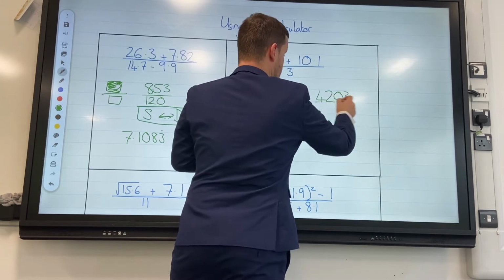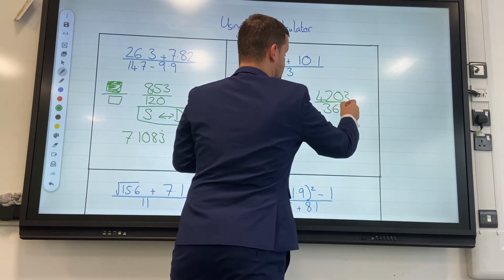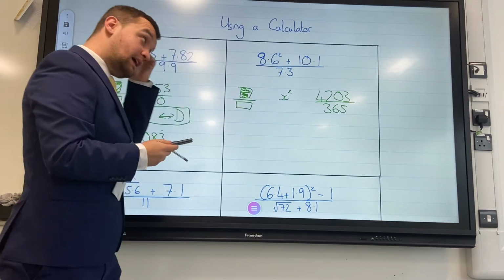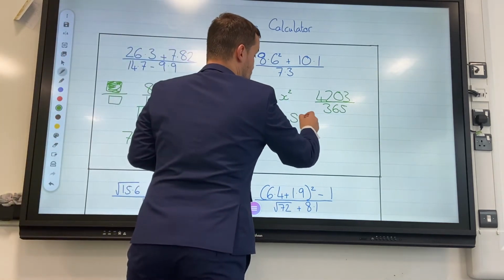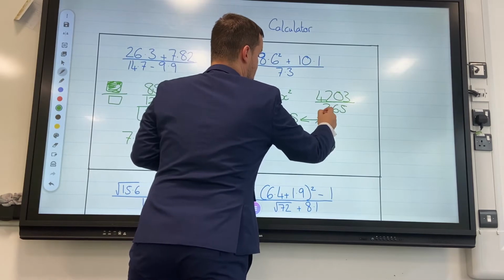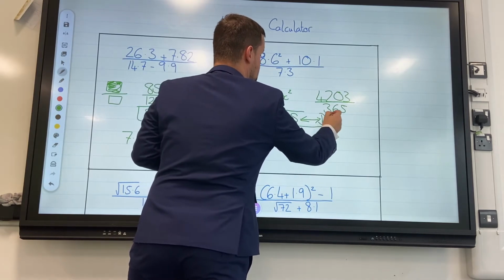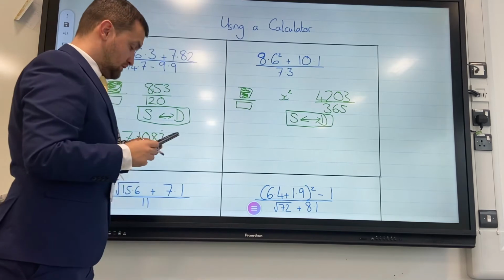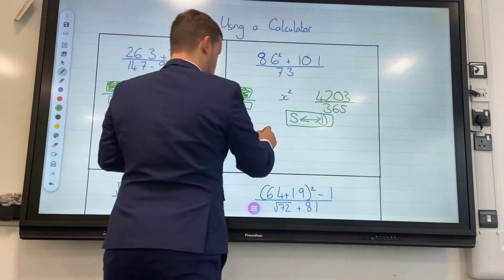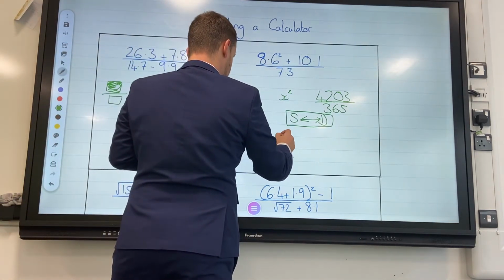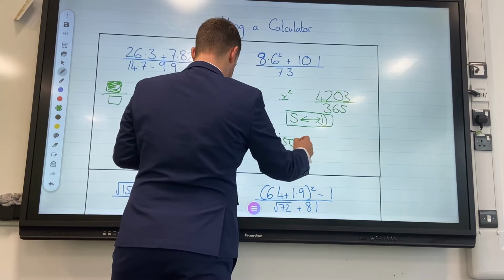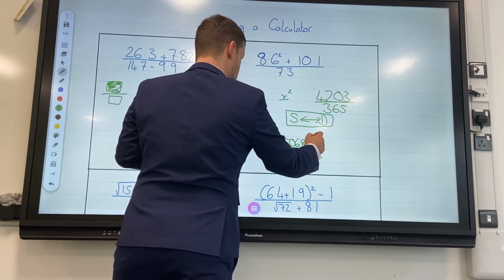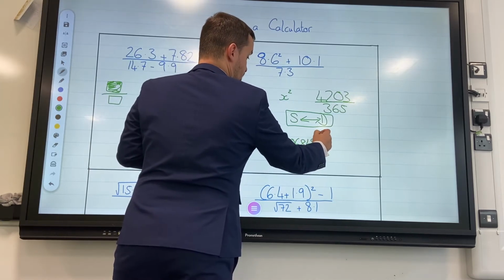Now it'll come up with 4,203 over 365. Now remember how I said to get it out of that, you're pushing this S to D button, okay? The button that looks like that. Okay, push that and you'll get 11.51 with the recurring sign over that, 5068493 with the recurring over that.